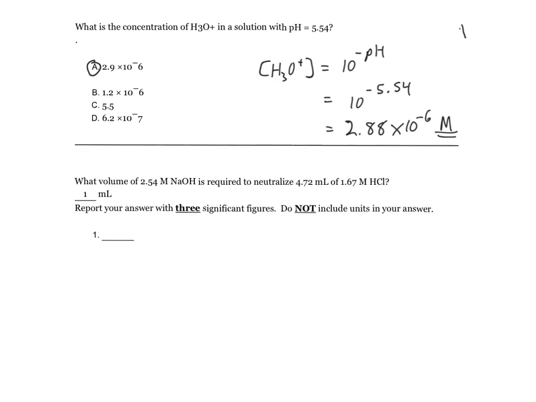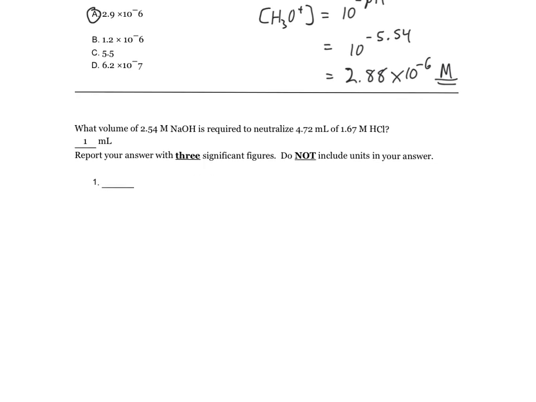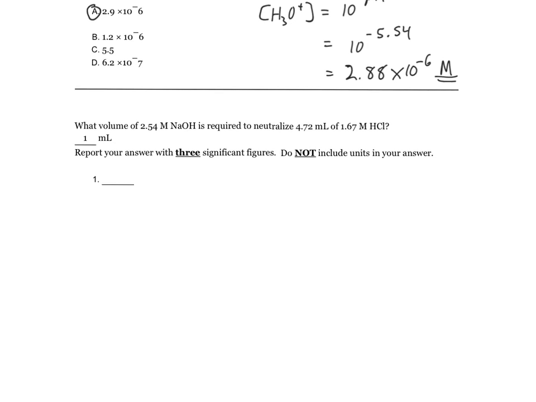The next question. What volume of 2.54 molar sodium hydroxide is required to neutralize 4.72 milliliters of a 1.67 molar HCl solution, or 1.67 molar hydrochloric acid? For this problem, you have to have a balanced chemical equation.